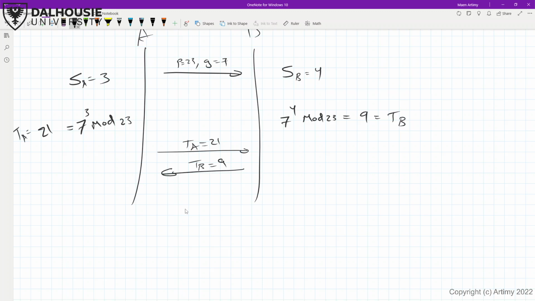So Alice takes TB and raises it to her own SA, so 9 to the power 3 mod 23, and Bob does the same, so we're supposed to get the same number here, okay? So 21 raised to 4 mod 23.